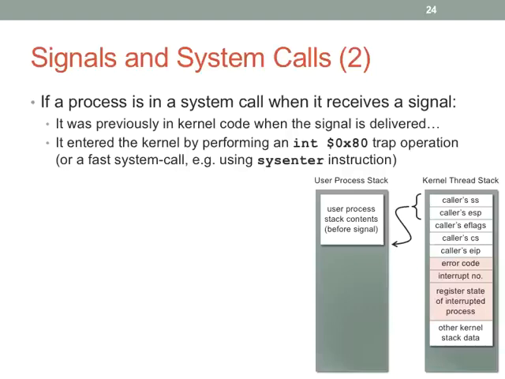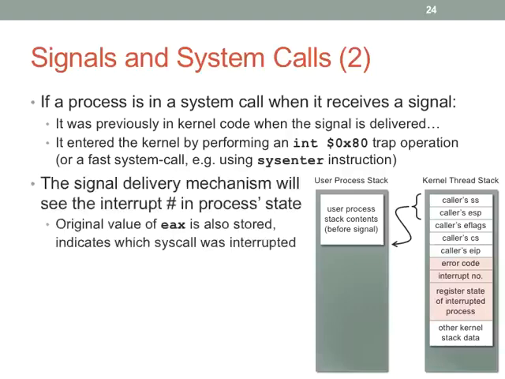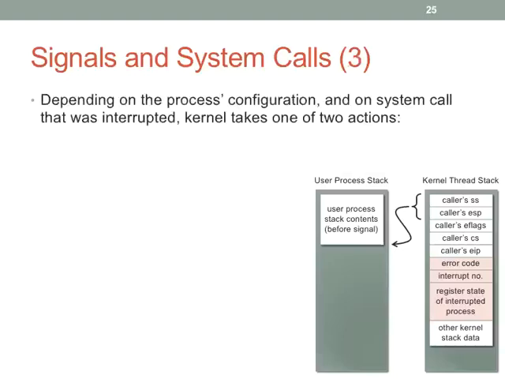And of course, if you're inside of a system call, you can look at the register state to look at EAX and see what was the system call number that I was performing. Is it read? Is it write? Is it nanosleep? Is it something else? So it's pretty easy to tell I'm in a system call. I got interrupted by a signal. Okay, so that's all what I was saying already.